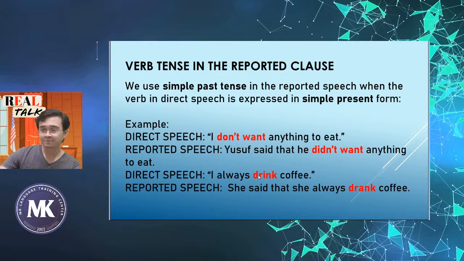If we change this into reported speech, we can say: She said that she always drank coffee. Said is in simple past in the reporting clause, and from "drink," it becomes "drank," simple past in the reported clause. Okay, get it?